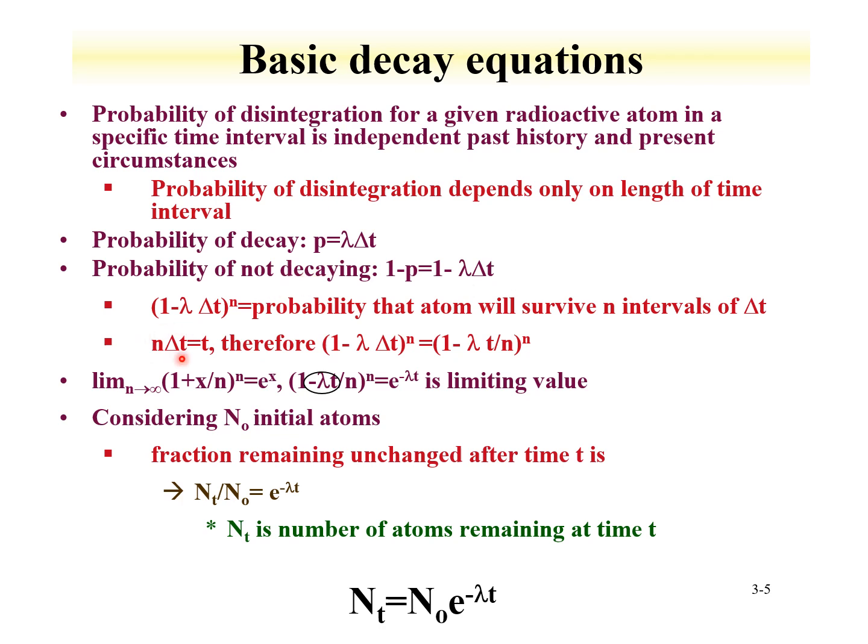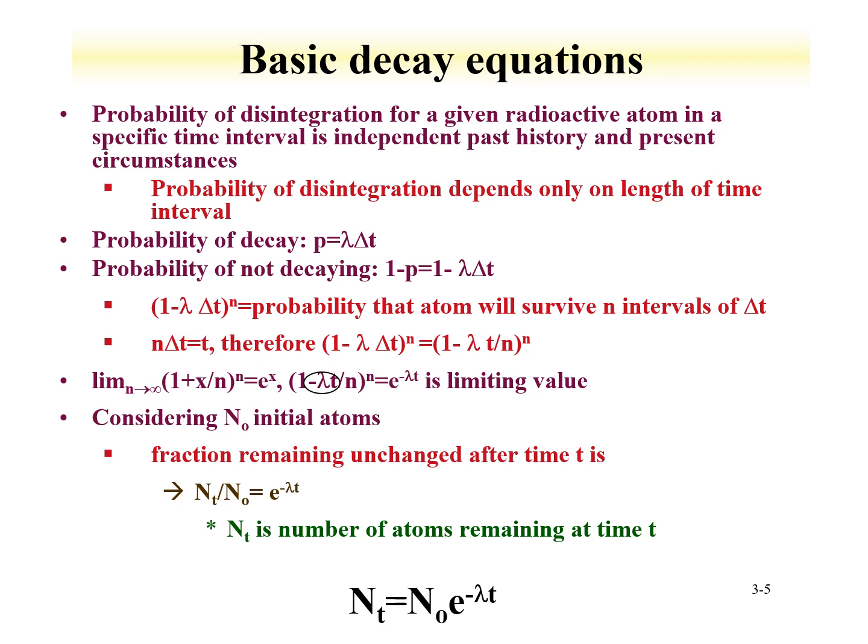That's the number of time units that we're interested in. That's our total time. Therefore, (1 minus lambda times delta t) to the n is just equal to (1 minus lambda t divided by n) to the n. Again, n is the number of intervals, and t is the time.